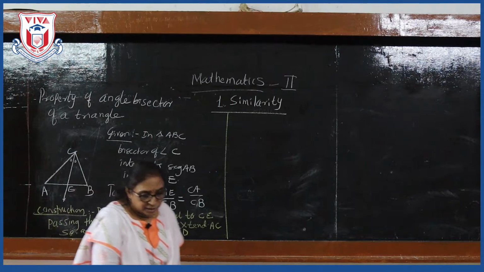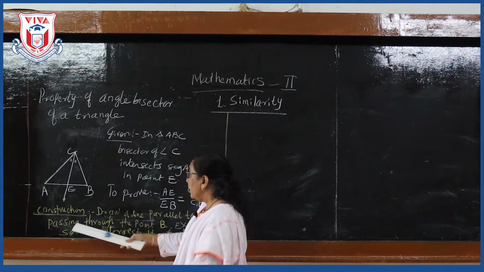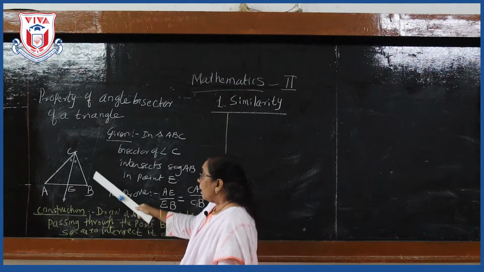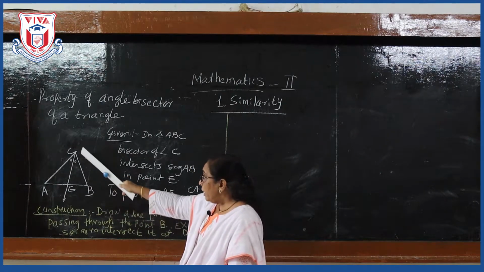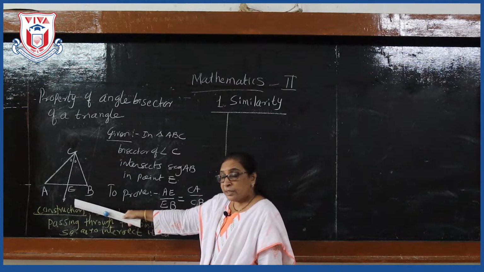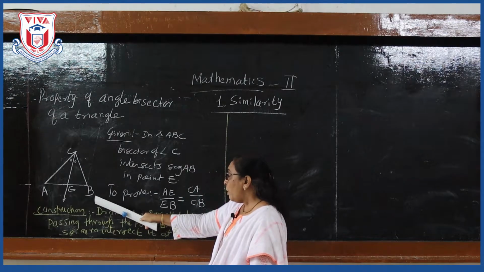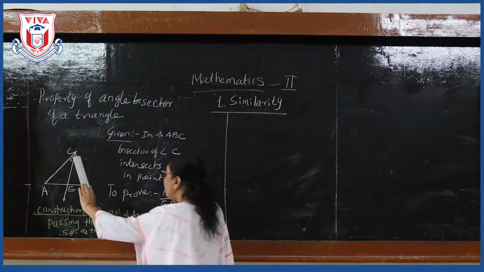Here is the construction, that is, we have to draw the line parallel to this angle bisector CE through the point B. Let us draw this.